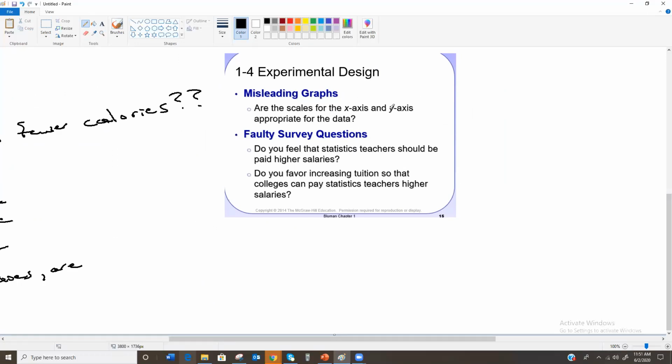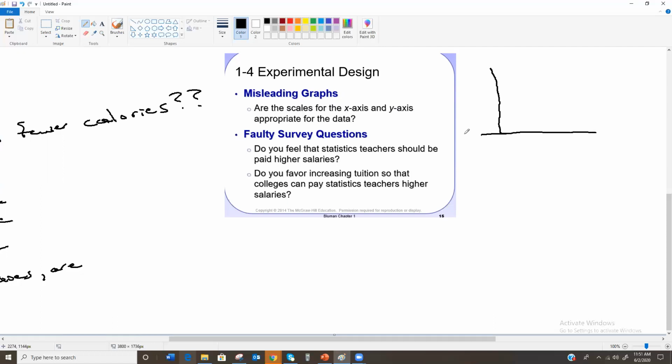I've seen graphs where they make the y-axis go from largest to smallest, like the bottom of it will be a bigger number than the top number, basically flipping the graph upside down. But it tricks people because they think up is an increase and down is a decrease. They don't even look at the numbers. Using picture graphs, that's misleading.